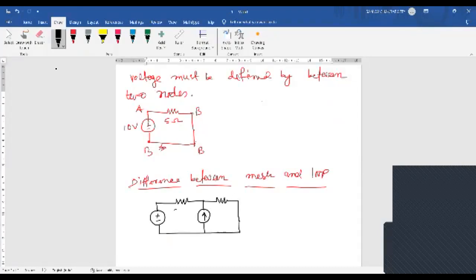Suppose this one is 2 ohm, suppose this is 5 ohm, this is 5 ampere, and suppose this is 8 volt.